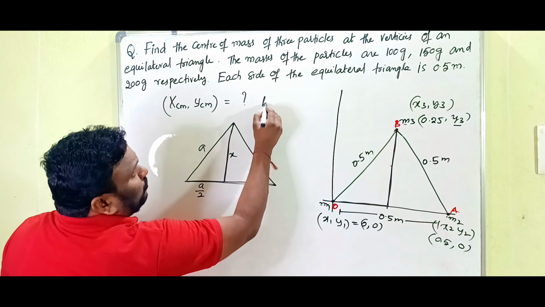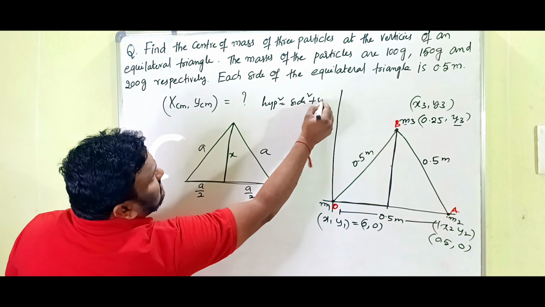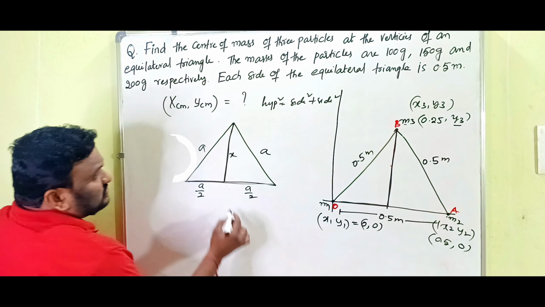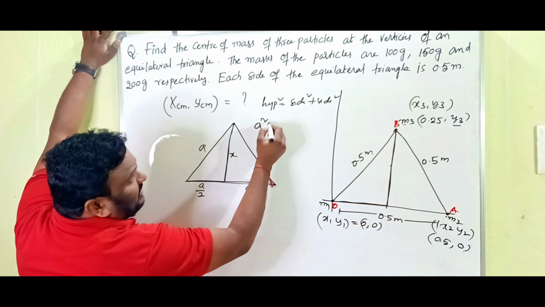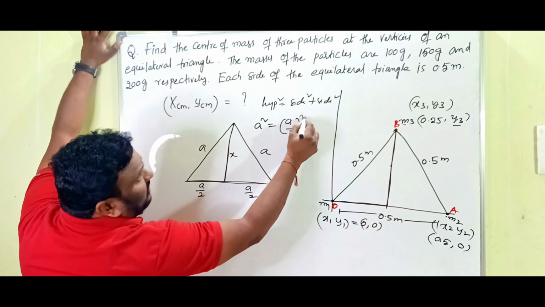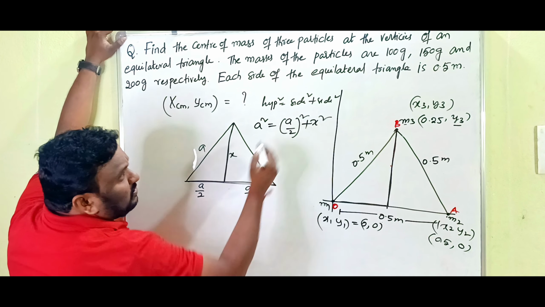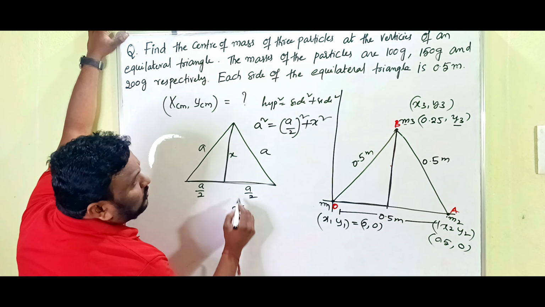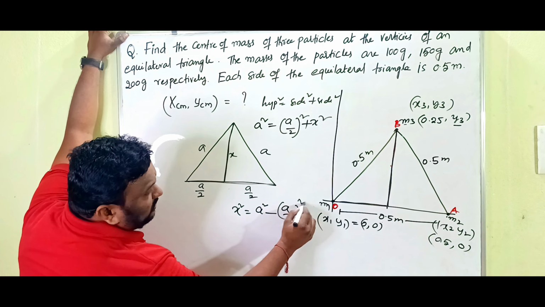We know that hypotenuse square is equal to the sum of the squares of the other two sides. It is a right angle triangle, so A square is equal to A by 2 whole square plus x square. From that, x square is equal to A square minus A by 2 whole square.